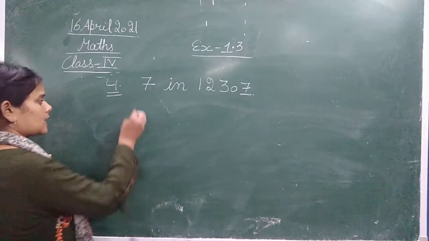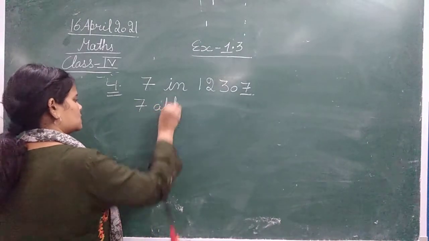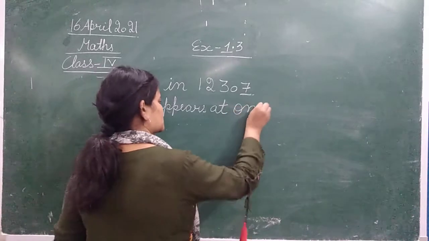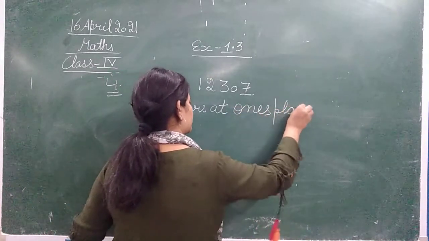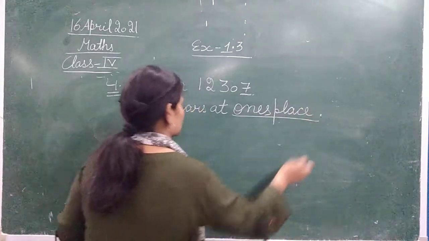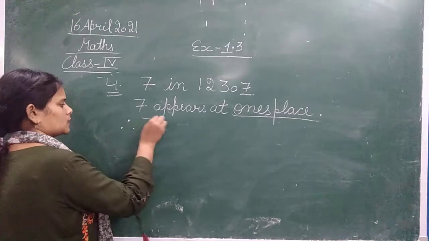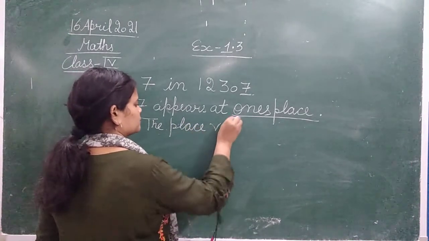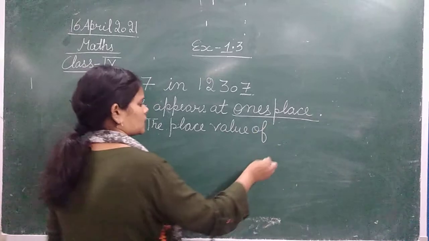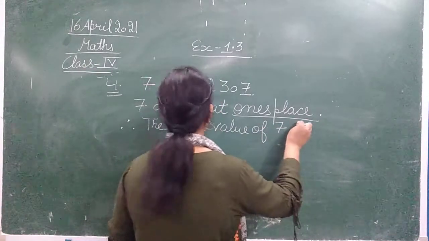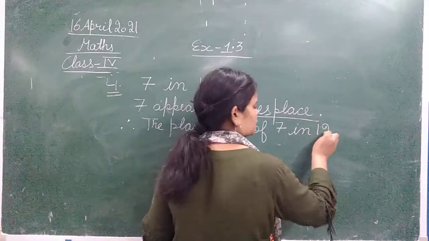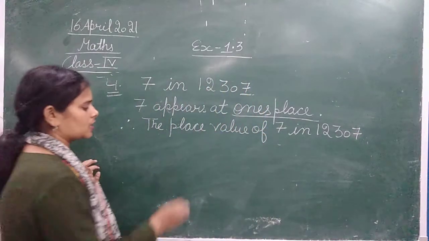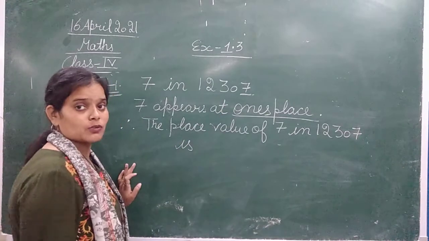So 7 appears at ones place. Therefore, the place value of 7 in 12,307 is, at the ones place, 7 only.